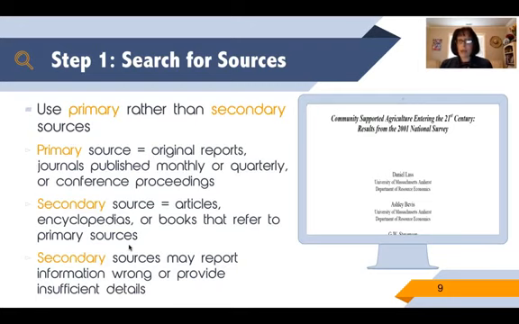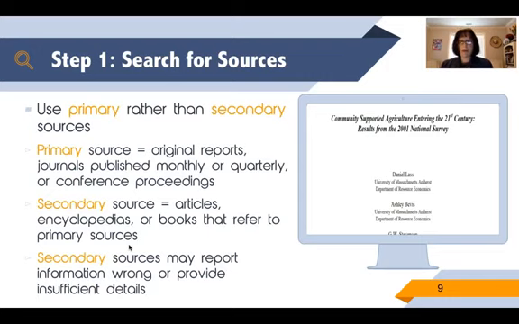You may find a little bit of value in a secondary source like a book that would refer to a statistical method, a data analysis procedure, maybe a theoretical framework, and cite that in your master's thesis. But for the most part, you stay away from secondary sources because they are referring to the primary sources, and these authors are publishing articles, encyclopedias, or books that are about those primary sources.